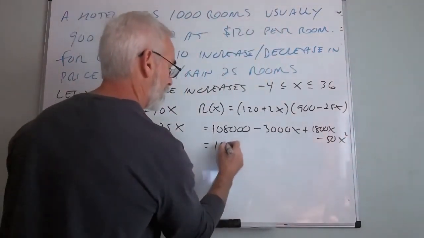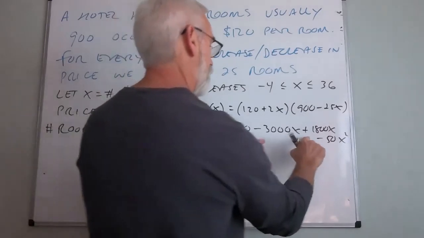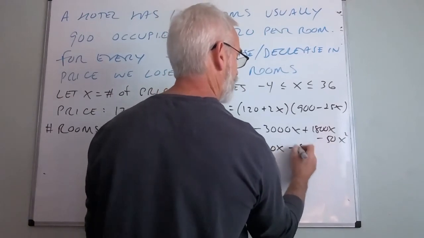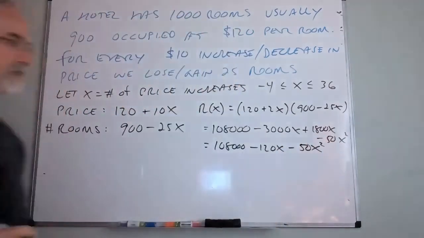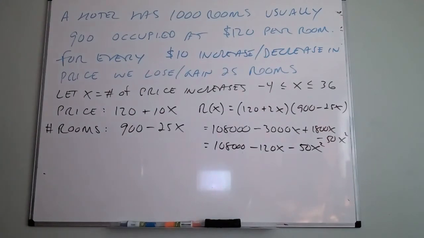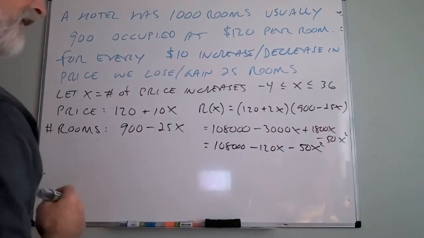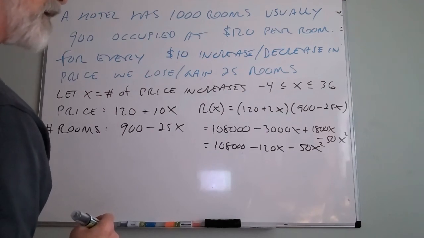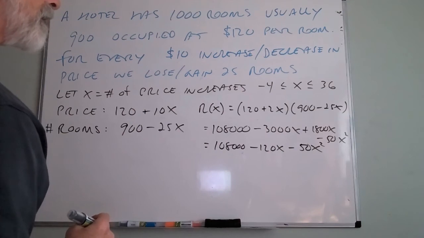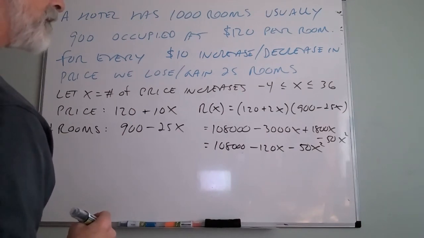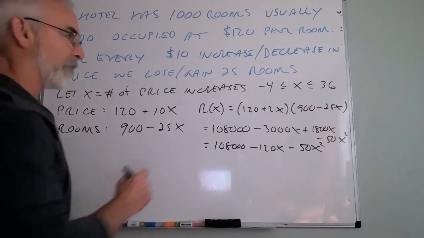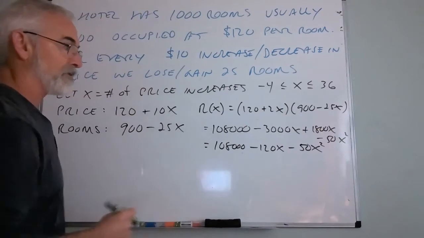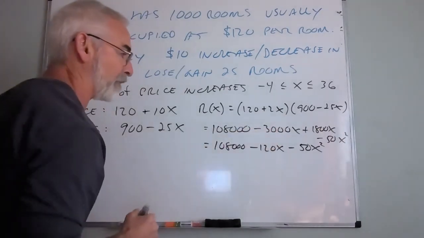Okay, so that would be 108,000 minus 120X minus 50X squared. So if I did this right, that looks about right. 2,000, 1,800. Okay. All right. So this looks like exactly how much I'm going to get. So if I do nothing, remember, that's status quo.